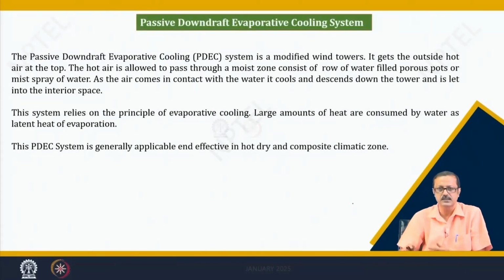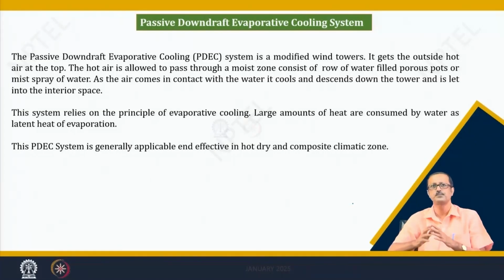So, next we will discuss the passive downdraft evaporative cooling system. This is a purely evaporative cooling system, and it has been used for a long time in some desert areas. If you go to areas like the Arabian countries, this system is used widely.